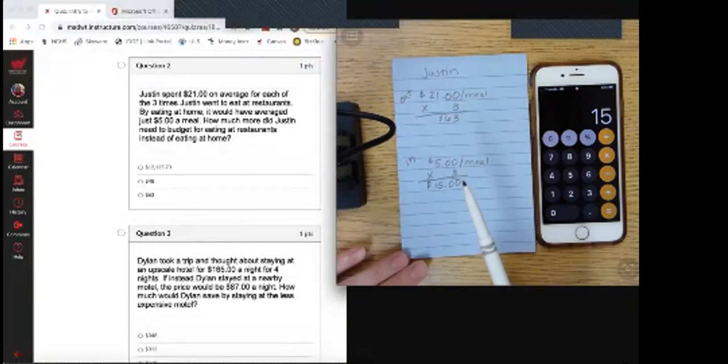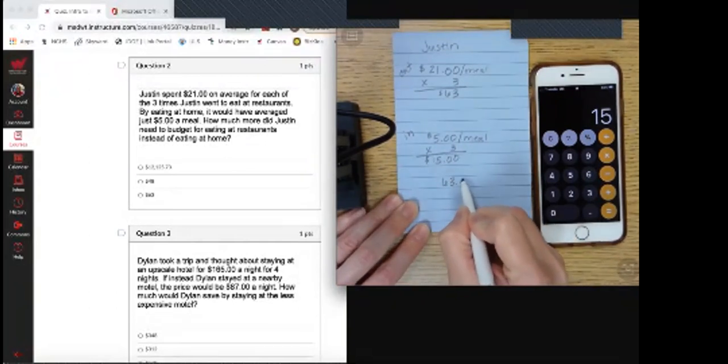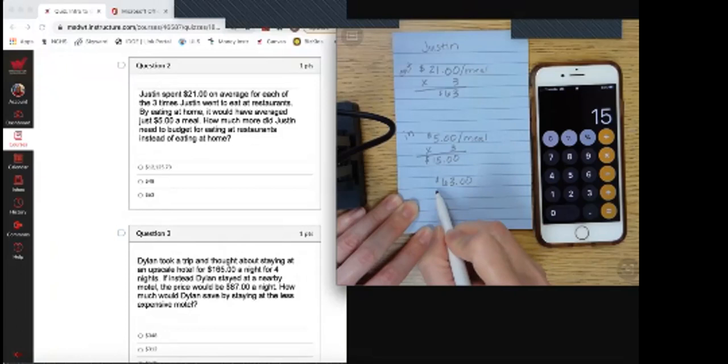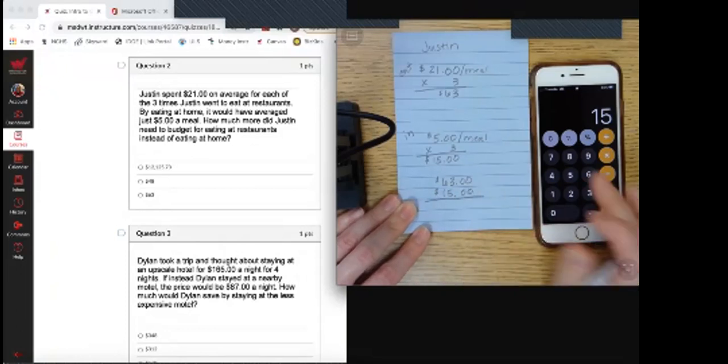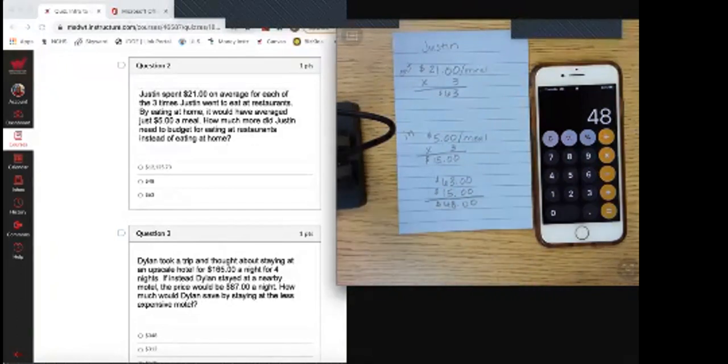So now we need to find out the difference. How much more would he need to budget, right? So now we take the $63 from him eating out and the $15. So if he ate out instead of eating at home, he would need to budget $48 more. You need to put $48 more into his budget so that it covered him eating out.